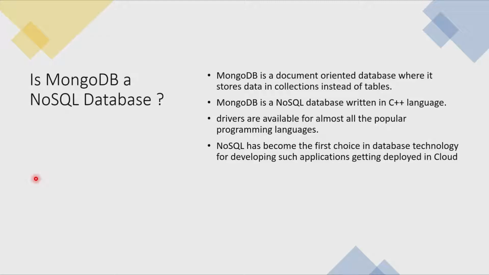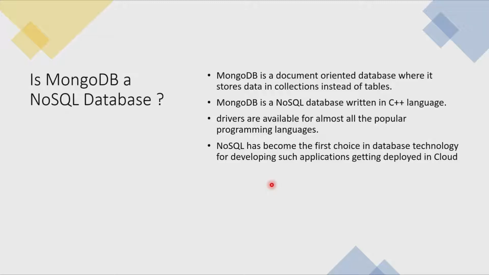So next thing is MongoDB, a NoSQL database. Yes, so MongoDB is a document-oriented database which stores the records in the form of collections. It is not going to store in the form of tables. MongoDB is written in C++ language, and almost all programming language drivers are available, so it can be integrated with anyone.